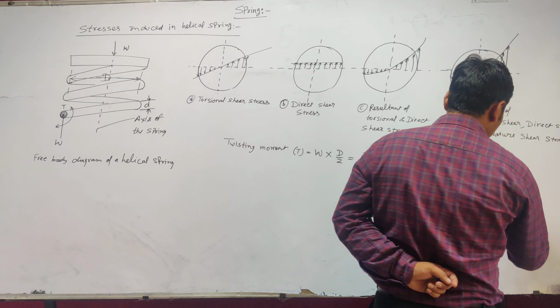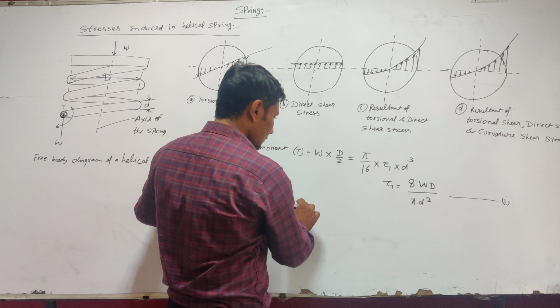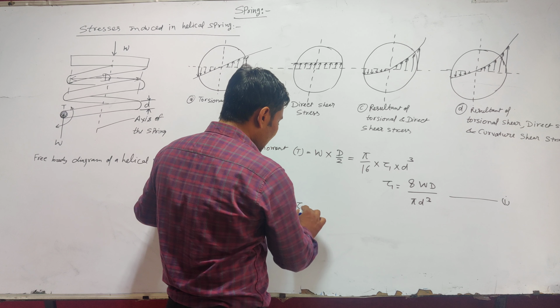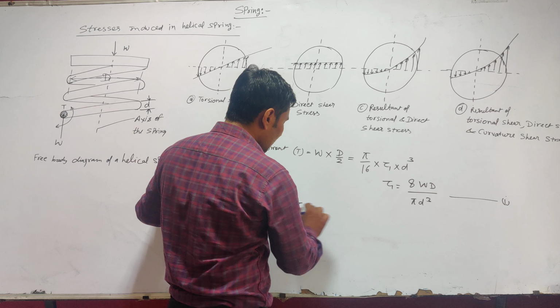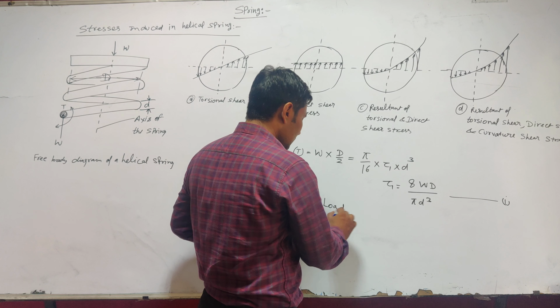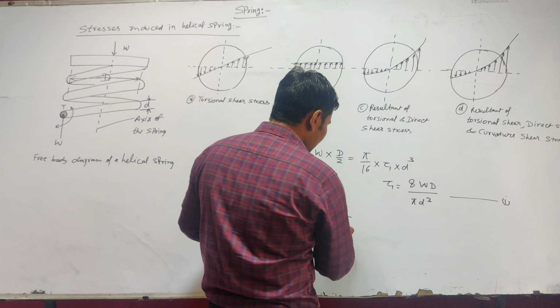Now we calculate the direct shear stress induced in helical spring. Direct shear stress, this is denoted by tau 2, is equal to load upon cross sectional area of the spring.